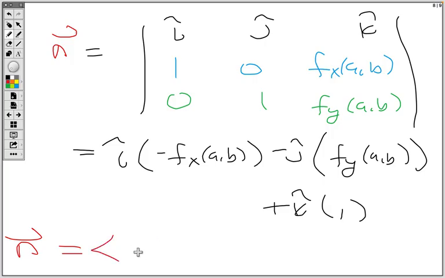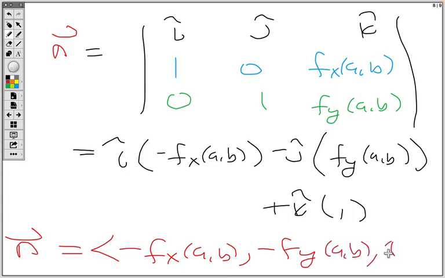And so I get my n to be minus fx at a, b, minus fy at a, b, positive 1. Any questions on calculating that cross product?